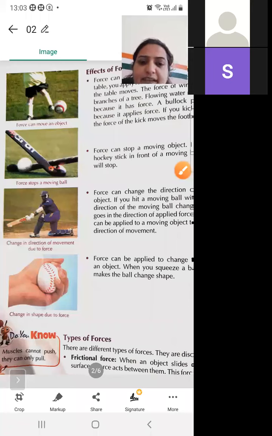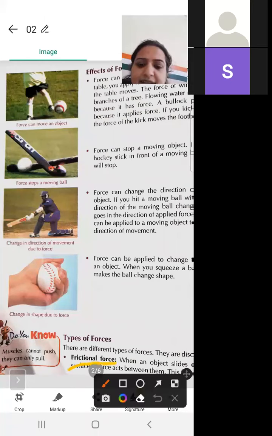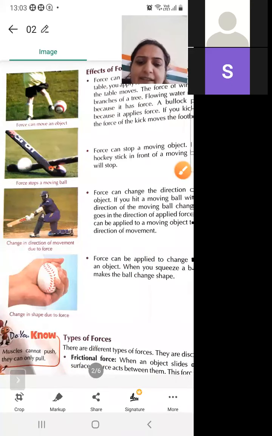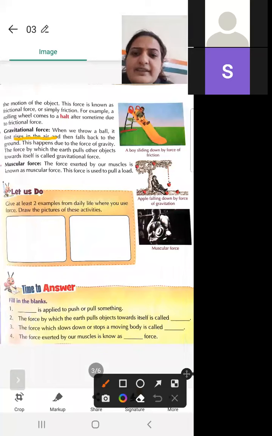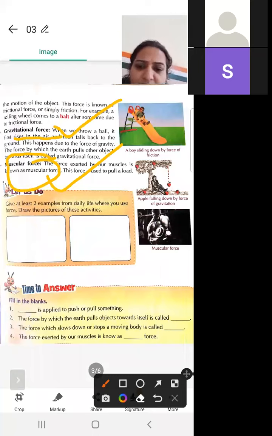And what are the types of force? First is frictional force. The force which slows down an object is called frictional force, and the force due to earth is called gravitational force, and the force due to muscles is called muscular force.